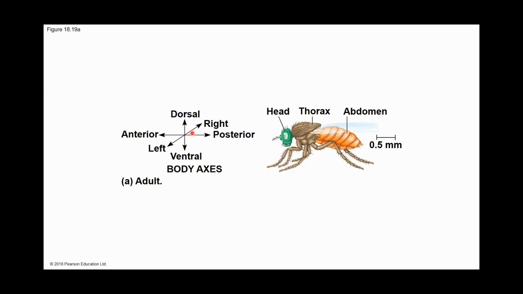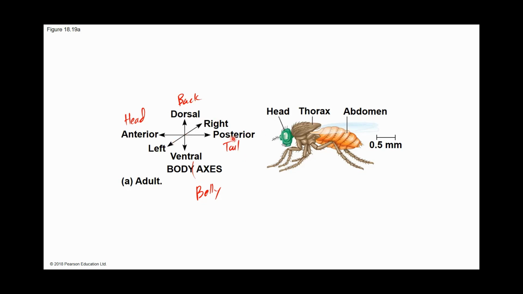And this cartoon on the left shows the body axis. Dorsal means here the back, ventral, the belly, anterior, the head, let's say, or the front. The posterior is the end of the, let's say, tail. Okay, and of course, right and left.